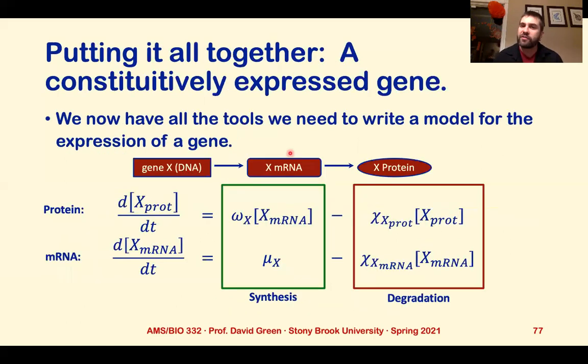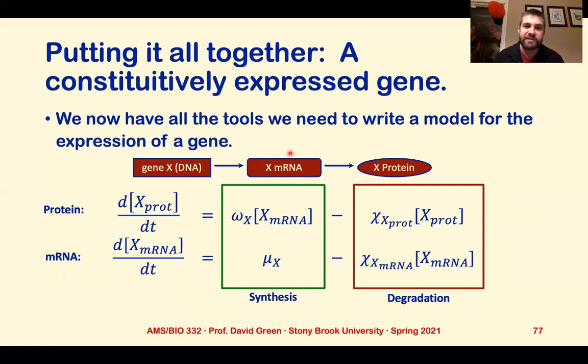So we've now gone through each of the individual pieces, degradation, translation, transcription, with modeling frameworks for each of these. How do we put it all together to actually write a model for the expression of a gene to a final functional protein form?